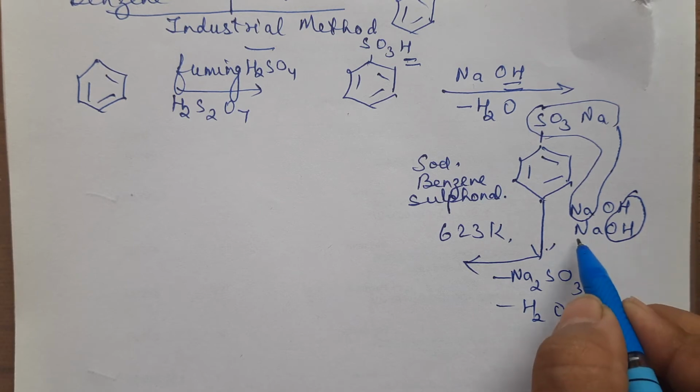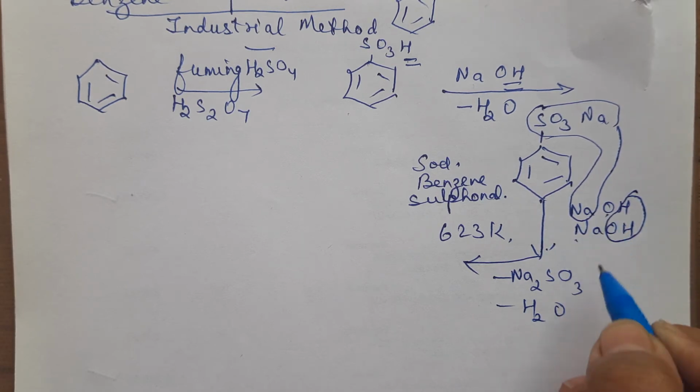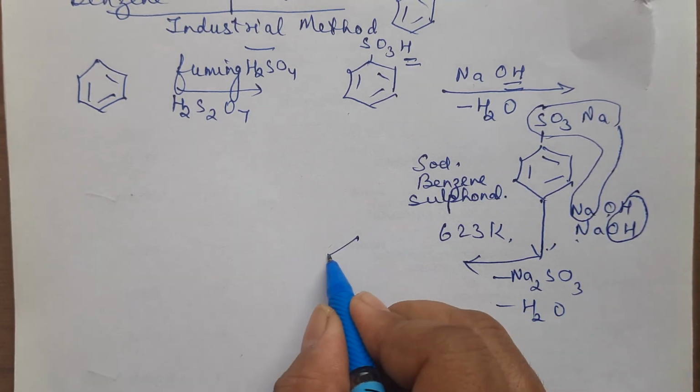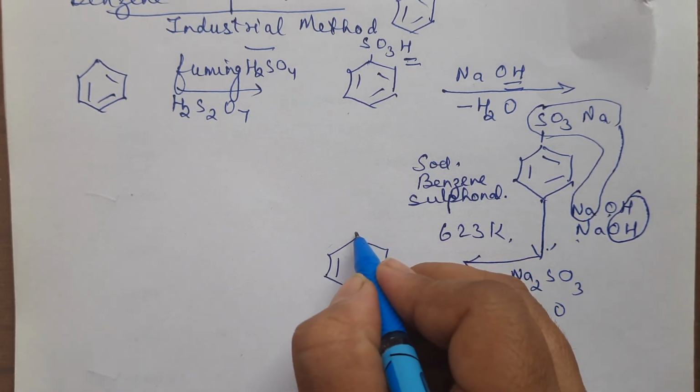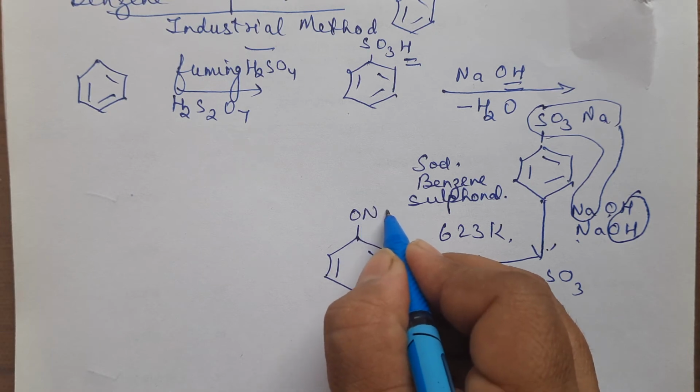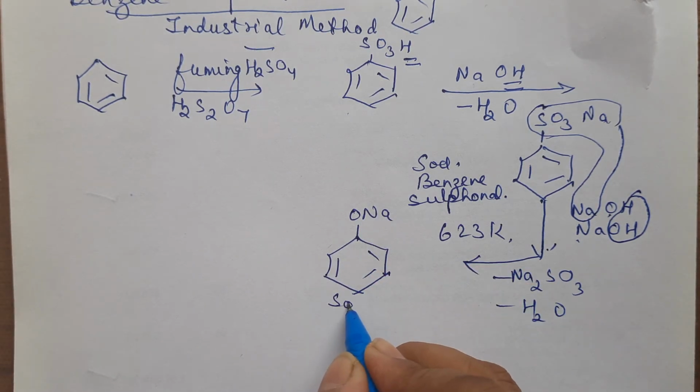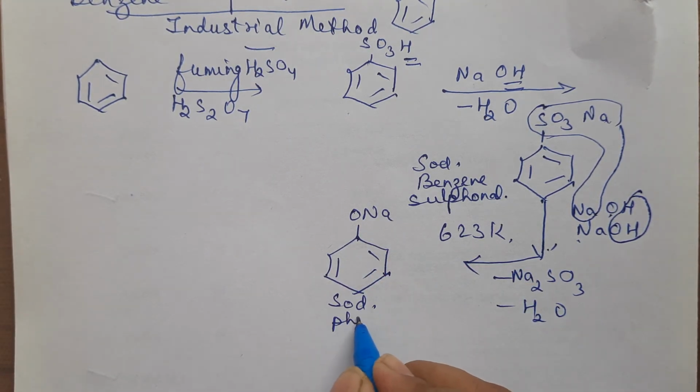What is left over? Na and this O. So this Na and O I'm going to show over that phenol, the benzene ring. It's about to form now. This is sodium phenoxide.